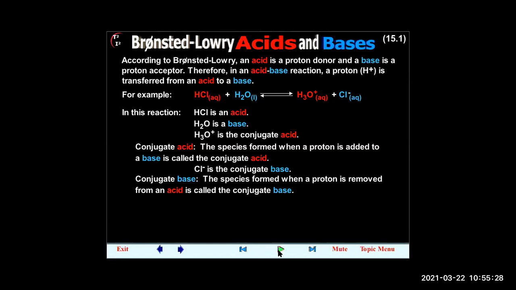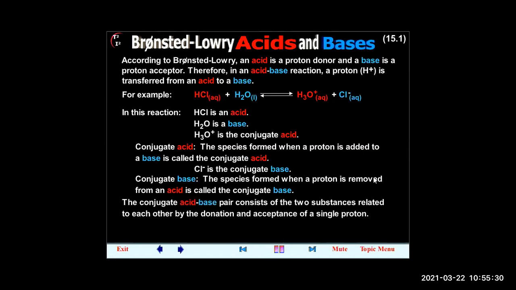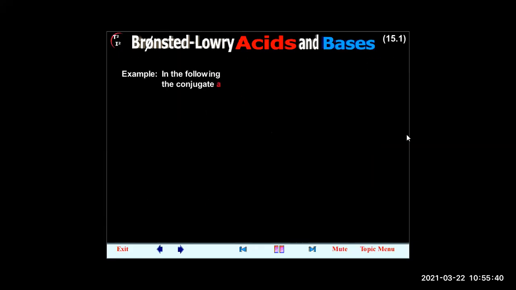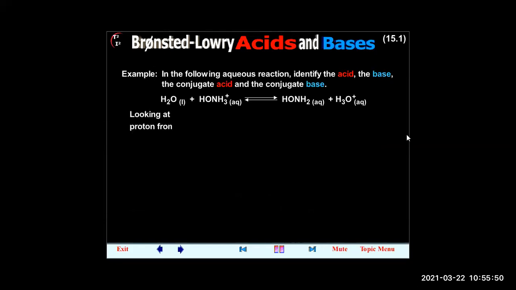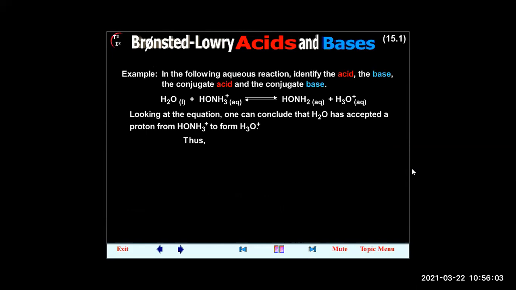Okay, let's continue. The conjugate acid-base pair consists of two substances related to each other by the donation and acceptance of a single proton. Example: in the following aqueous reaction, identify the acid, the base, the conjugate acid, and the conjugate base. Looking at the equation, one can conclude that H2O has accepted a proton from HONH3+ to form H3O+.